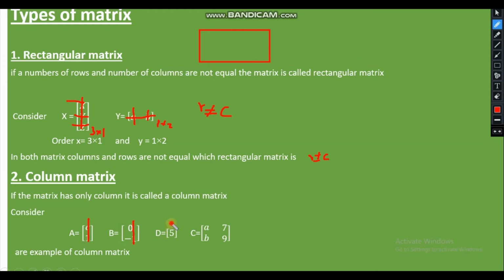We can take here 2 rows, but here it is only a column. So it's called a column matrix. Example of a column matrix.